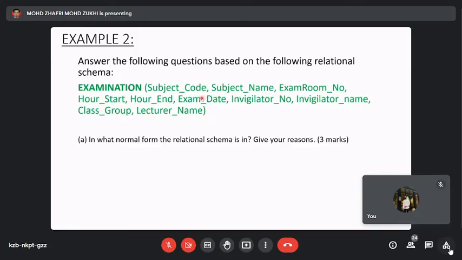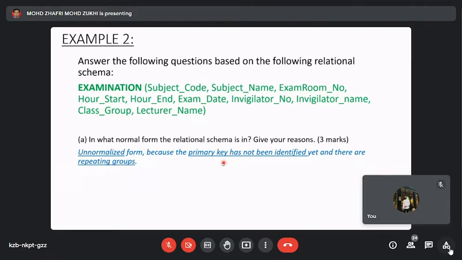Ada that possibility based from this attribute, the data will be redundant? Yes, right. Kalau kita tengok subject code, okay, for example, ICT200, it have the possibility to be redundant if we put all of the data inside this one relational schema. So because of that, the answer will be like this.